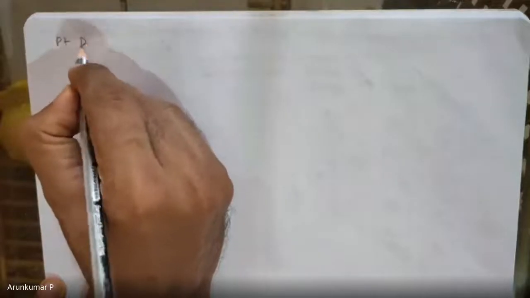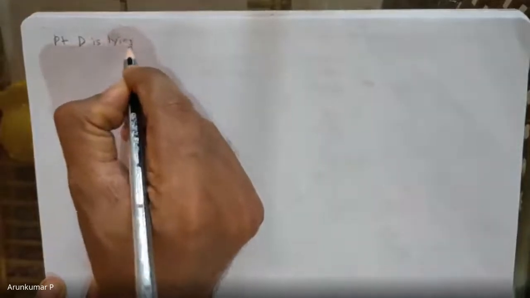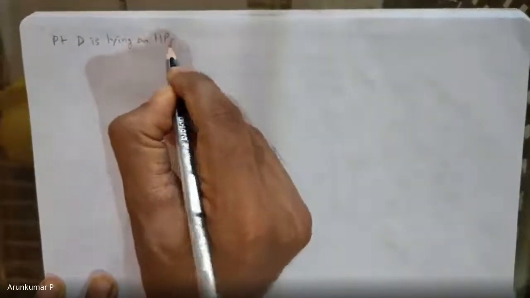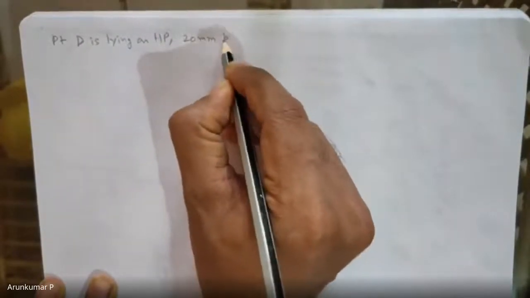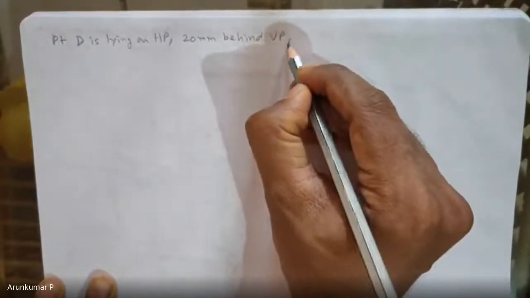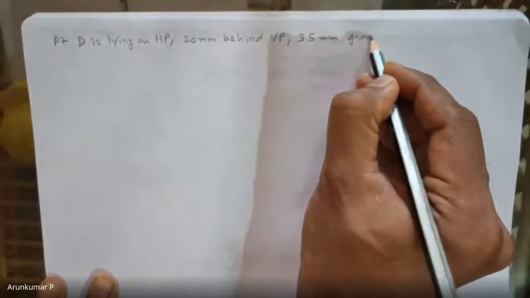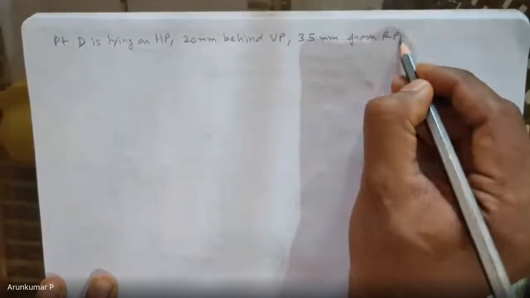So point D is lying on HP, 20 mm behind VP and 35 mm from RPP.